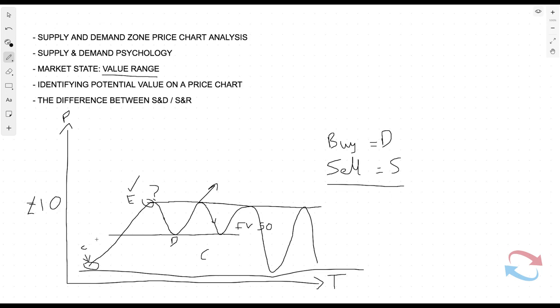This is where buyers are no longer willing to buy, but when we get a bounce down here, this is where buyers are buying en masse, and they believe this to be an absolute steal, an absolute bargain, right? And they're getting in en masse, hence the price pushing up. So sideways ranging markets should be seen as value ranges, and the 50% between the expensive and cheap level is what you would call fair value, right?